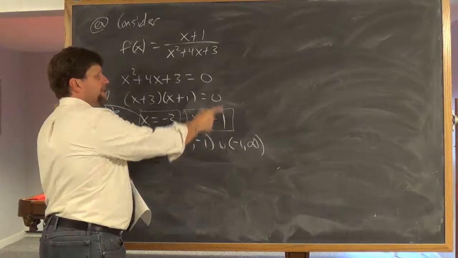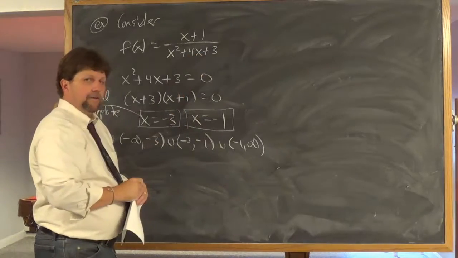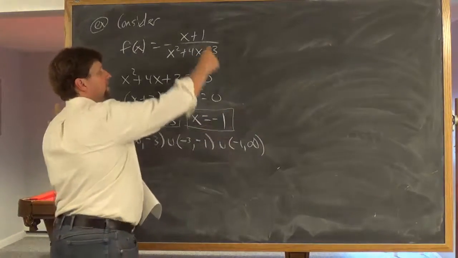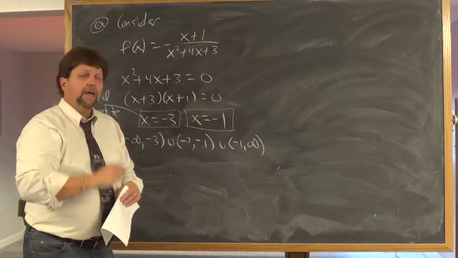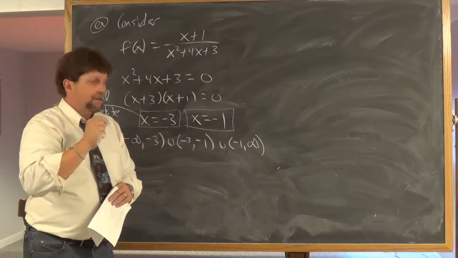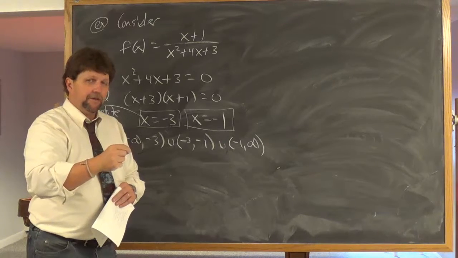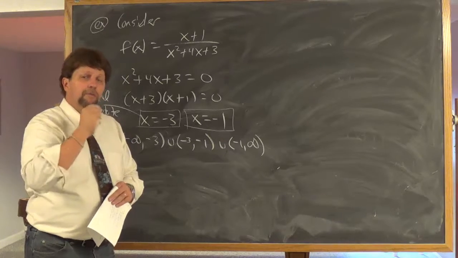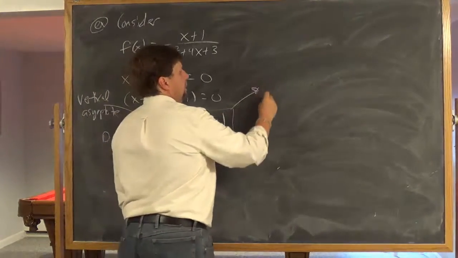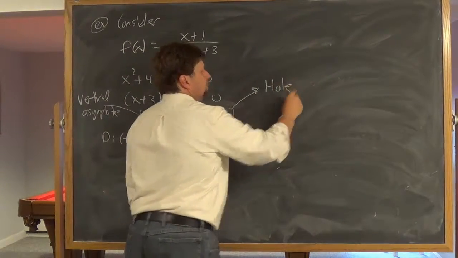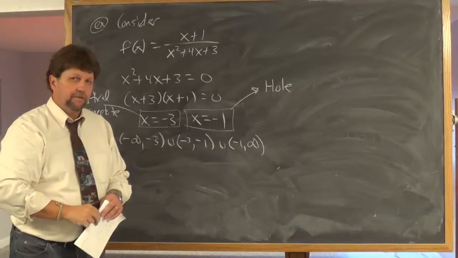Here's a value of x that makes the denominator 0. But this value of x also makes the numerator 0. A value of x that makes the denominator 0, if it also makes the numerator 0, that's going to produce a hole in the graph.